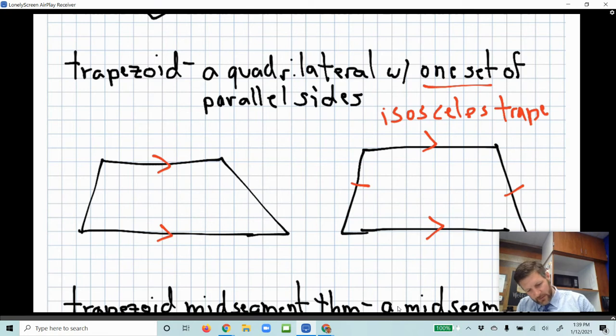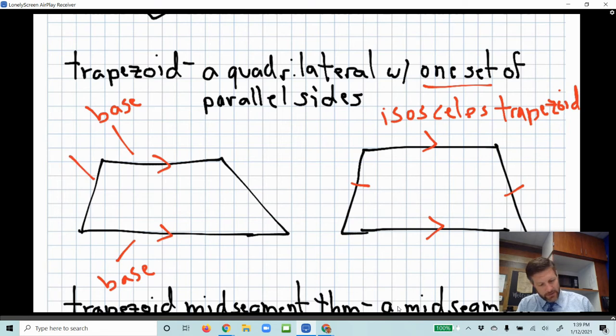Isosceles trapezoid. The other thing I want to point out is a little bit of vocabulary: the parallel sides of a trapezoid are known as the bases, and the non-parallel sides of a trapezoid are known as the legs.